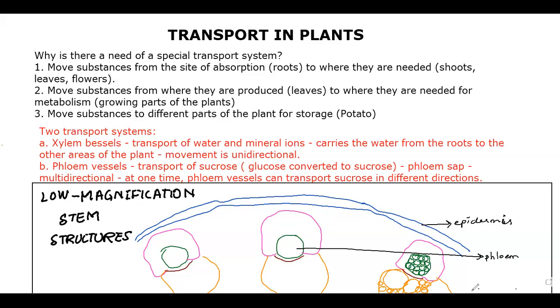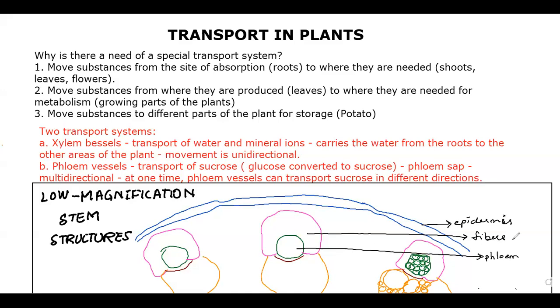What is this structure that is surrounding the xylem vessels? They are your fibers, right? What type of fibers they are, I'm going to tell you in just a little bit. When we do high magnification, high detail, I will tell you the different types of cells that we are going to see. So anyway, this is the structure.